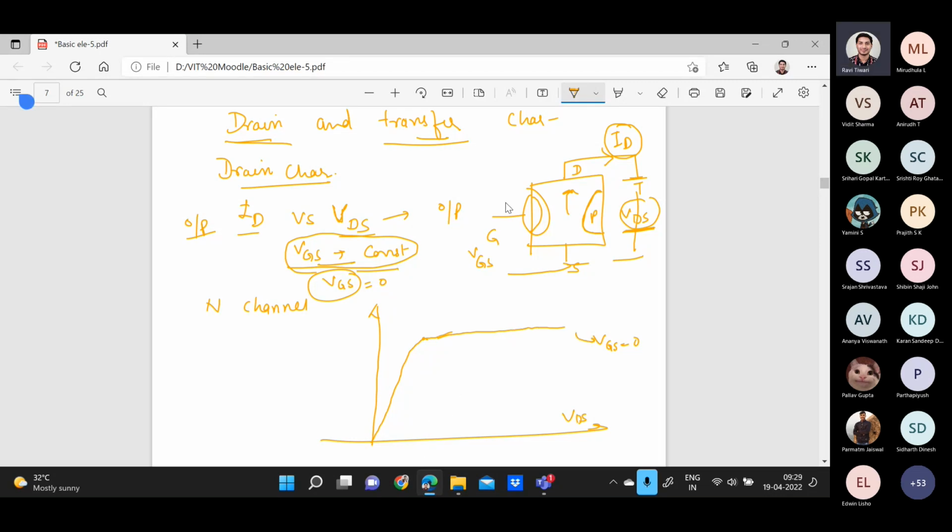Now take negative values of VGS. Because of this negative voltage, the depletion width will increase, which reduces the channel width, and because of that the ID value in milliamps will reduce.